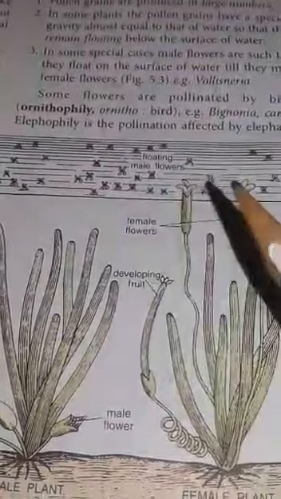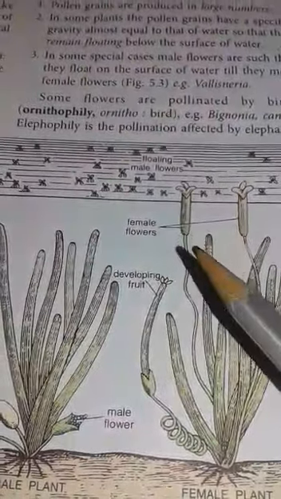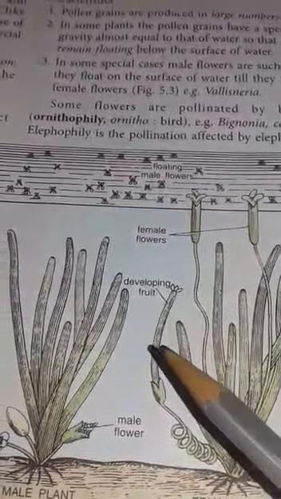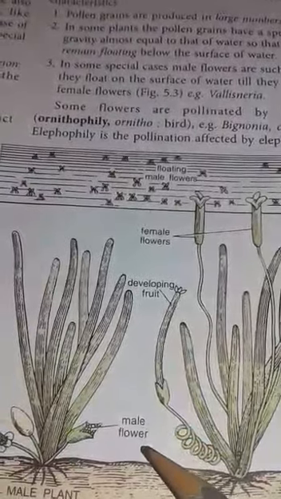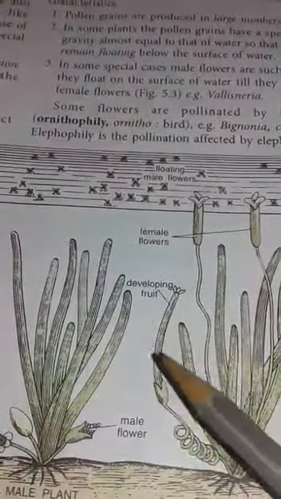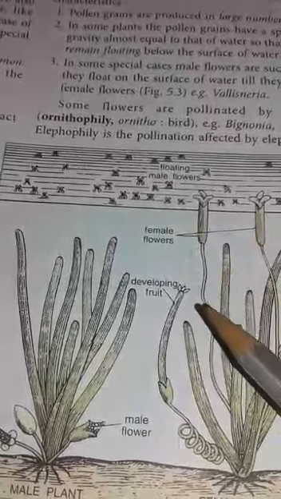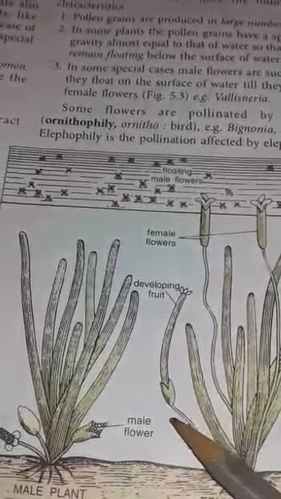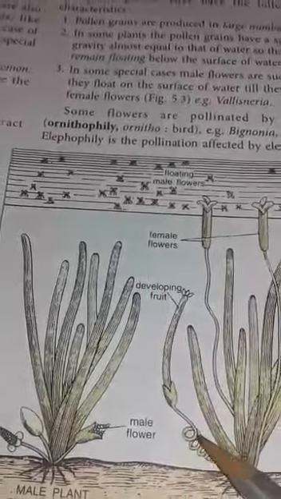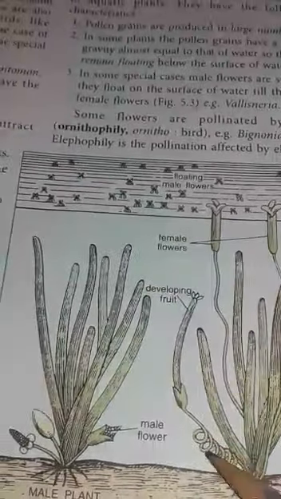And after fertilization, female flowers are pulled down inside the water by coiling of the stalk of the flower. Here you can see this is a coiled stalk of the flower.